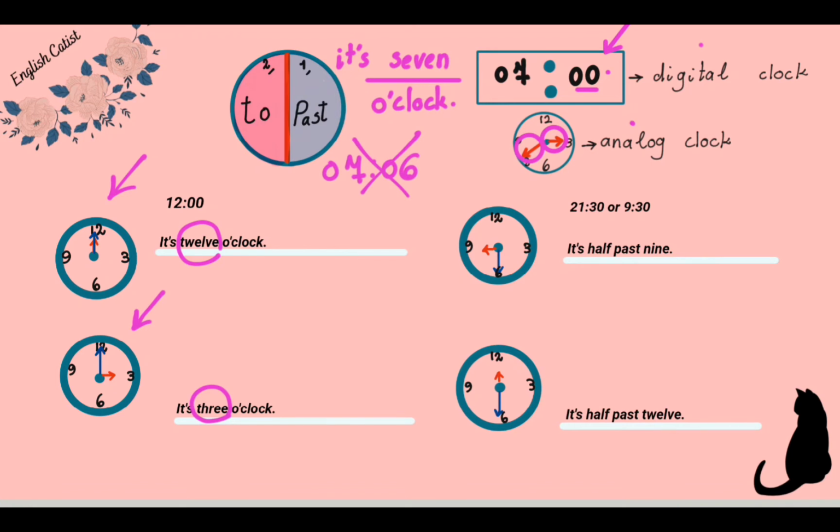But what about when the long hand of your clock is on 6, like here? How can I say that? For example, here. I should say it's 9:30.